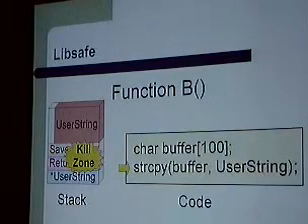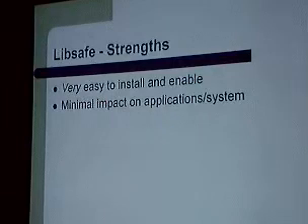So basically what that looks like is that if we were looking at our earlier example, function B, which was being exploited, the copy would happen all the way up until the point where it was going to hit the stack frame, and so LibSafe will just go, I don't think so, and will terminate the program as soon as it tries to write into that area. So execution isn't redirected that way.